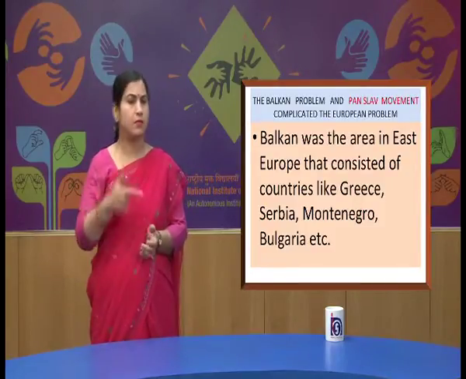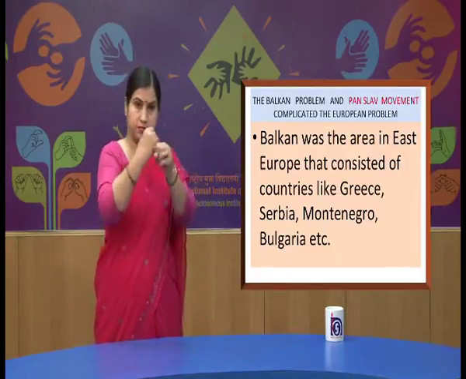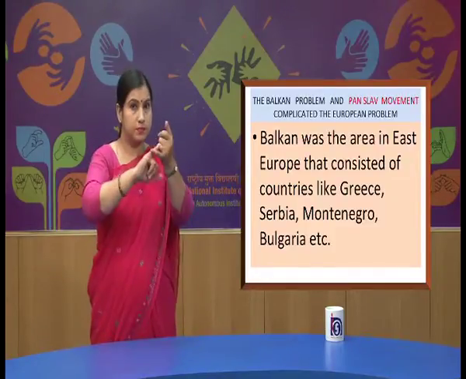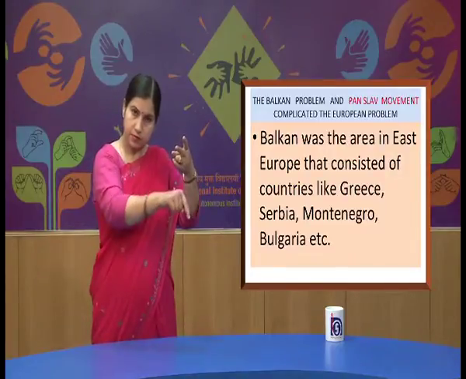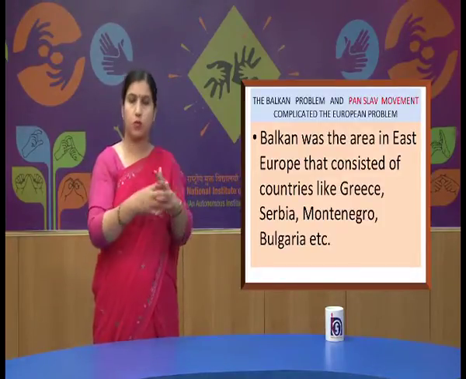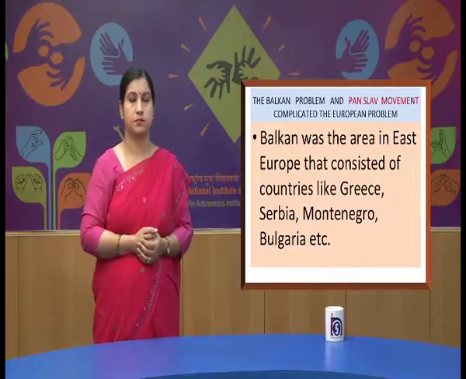Learners, Balkan was the area in East Europe that consisted of countries like Greece, Serbia, Montenegro, fourth country Bulgaria, etc. Earlier, these states were a part of the Ottoman Empire, ruled by Turkey.